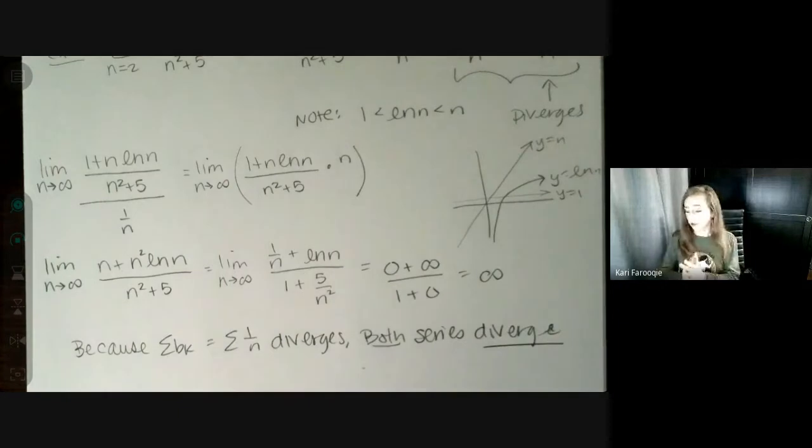And like I said, if it was the case that your comparison series converged and then you got infinity, well, you can't make a conclusion at that point. We don't have a theorem that covers that. You would either have to try another comparison series or just try a different test altogether. Usually you would just try to find another comparison series that would get you a different limit, which is what we're going to do next.